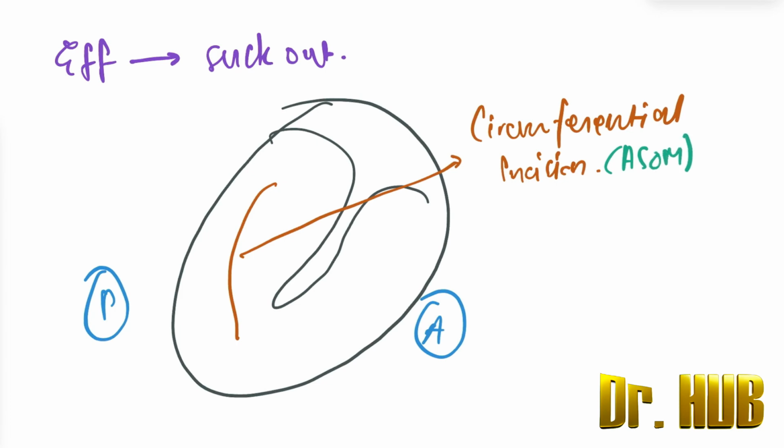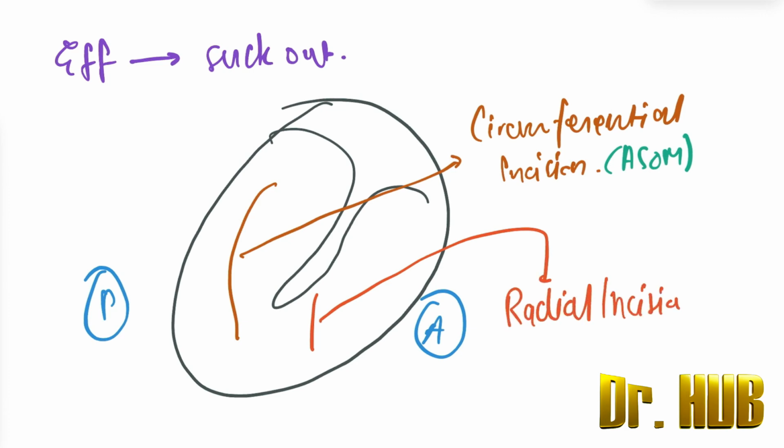And next is the radial incision, used in SOM, in the anterior part. This is just a visual representation of where it is present.